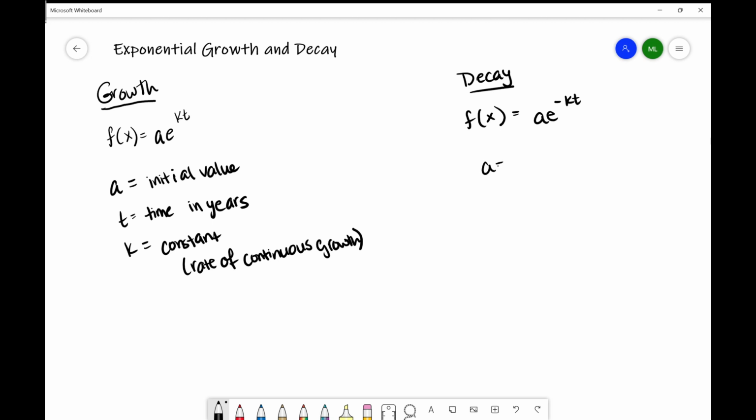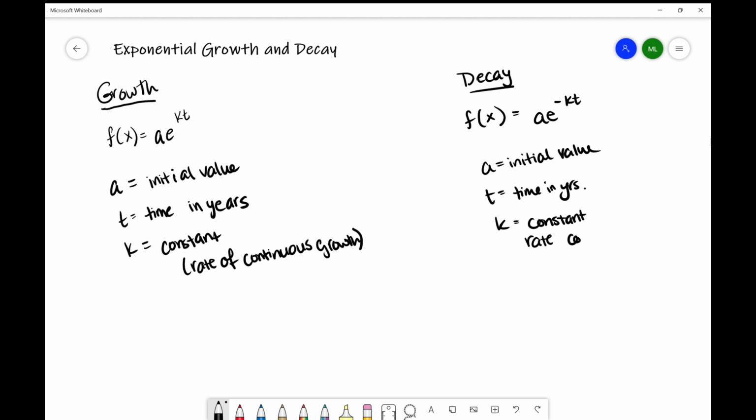My a value is also the initial value, my t is the time in years, and k is the constant. e is, of course, 2.71, the mathematical constant. And this is the rate of continuous decay.